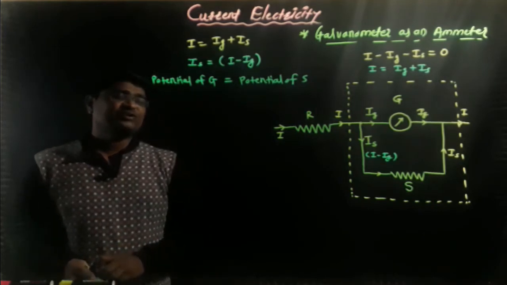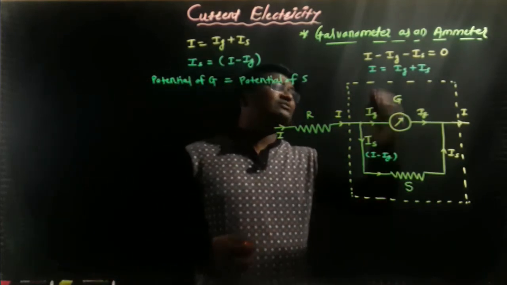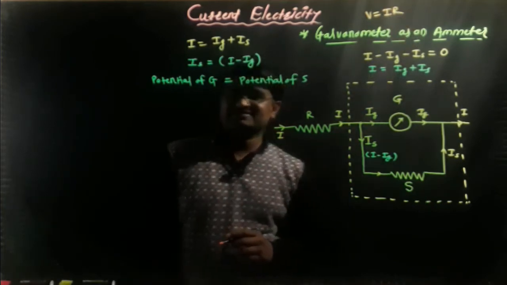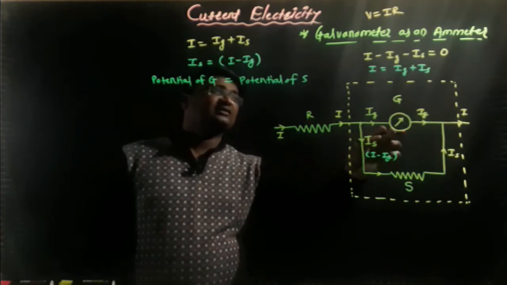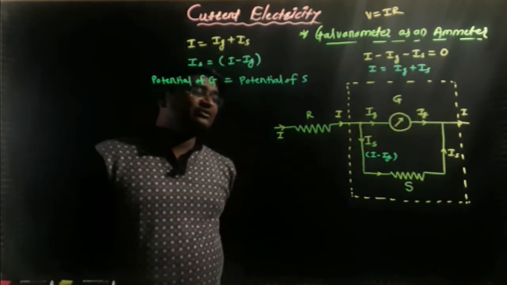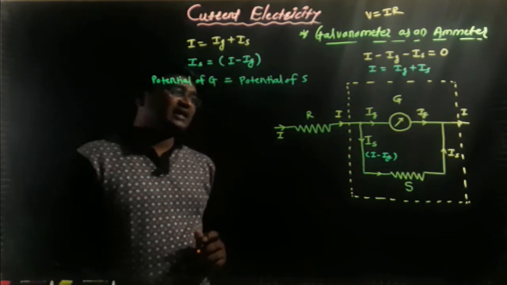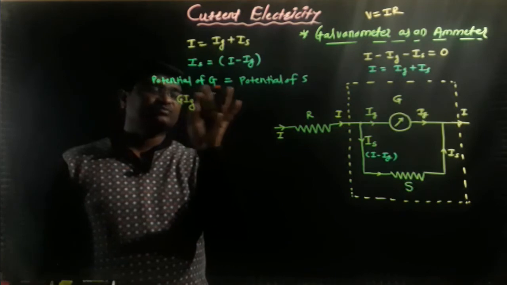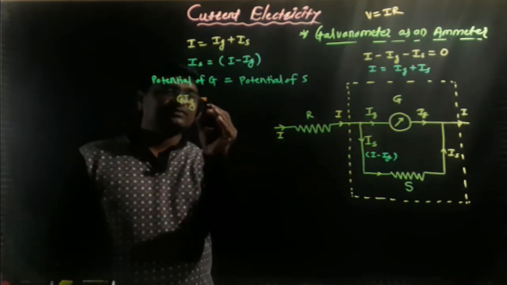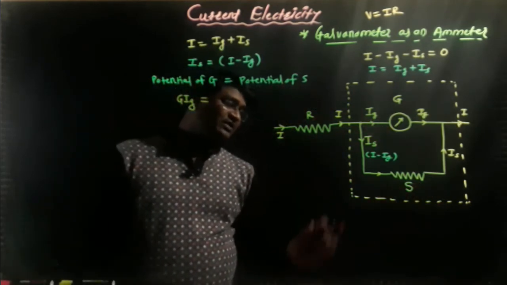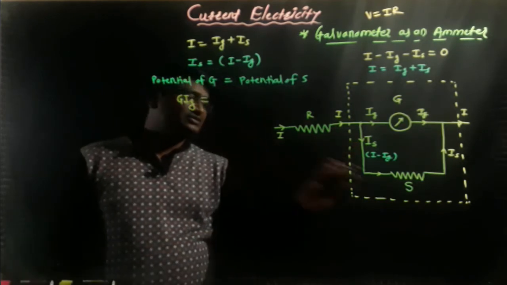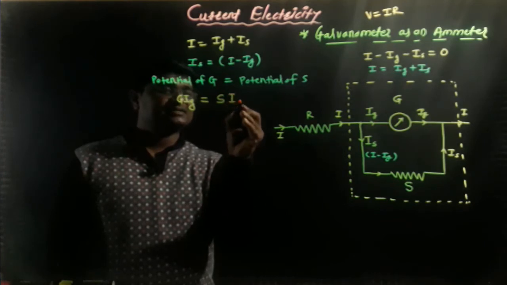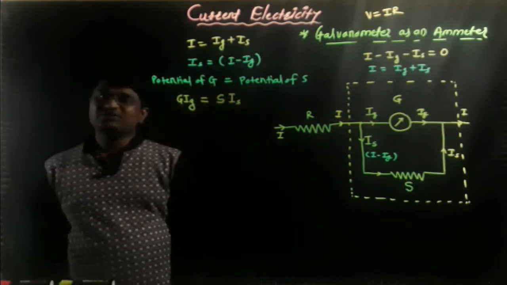As per Ohm's law, potential V is equal to I R, electric current into resistance. The potential of the galvanometer, whose resistance is denoted by G and current is Ig, is G Ig. This is equal to the potential of S, where the current is Is and the resistance is S, so simply S into Is.